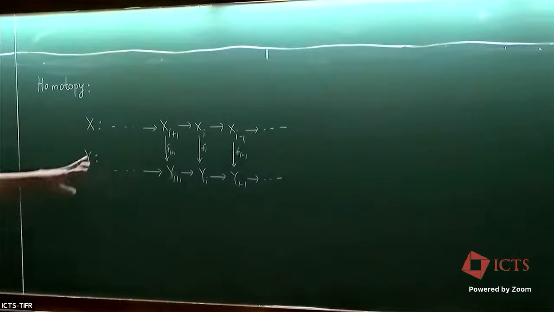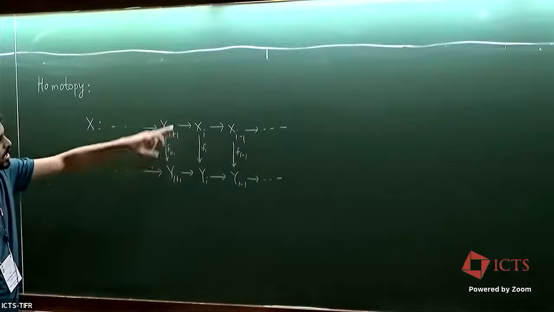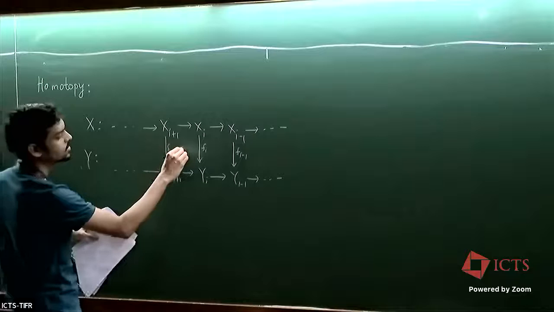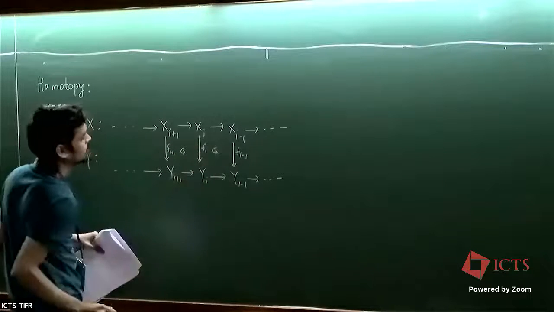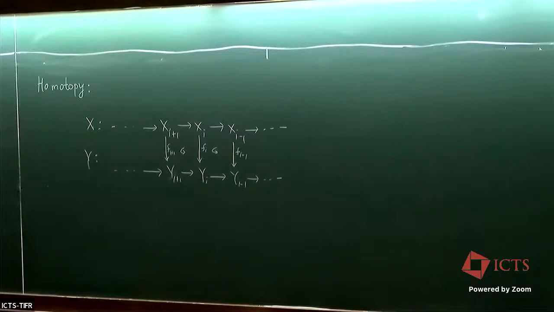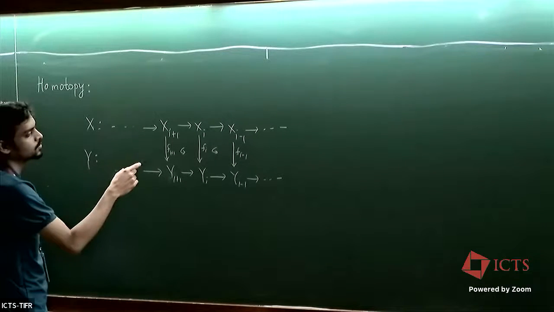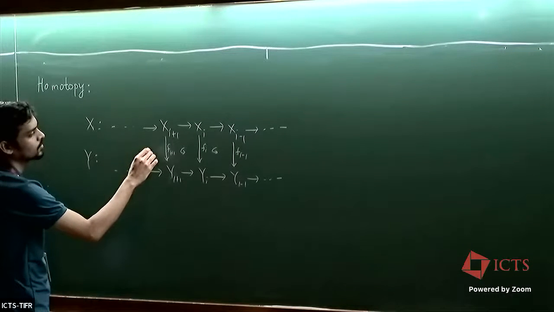What do I mean by chain map? It's a map at every degree such that each such square commutes. This is what a chain map is.